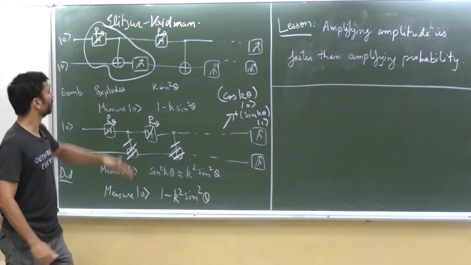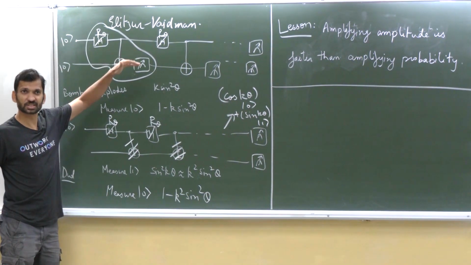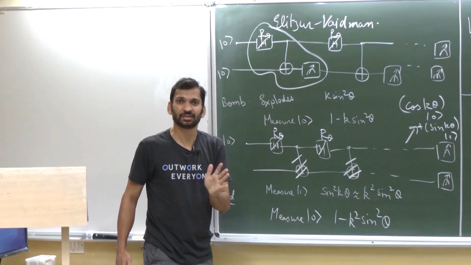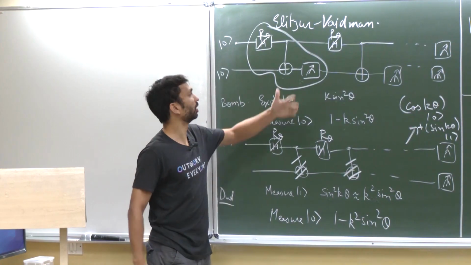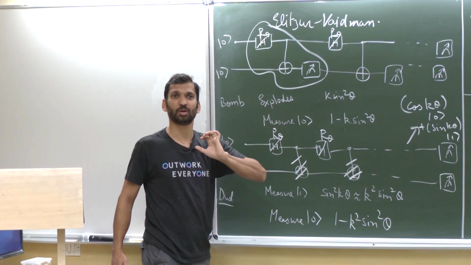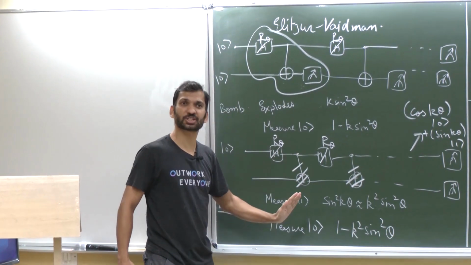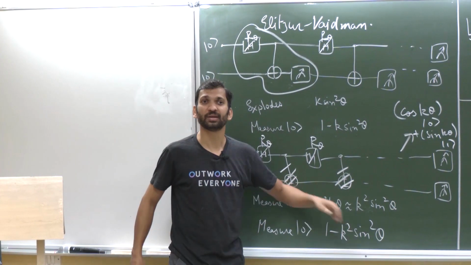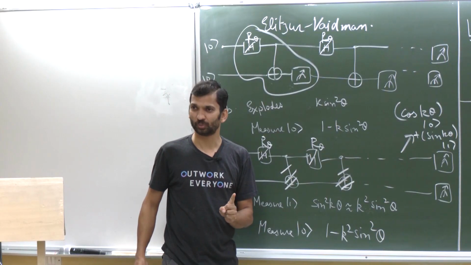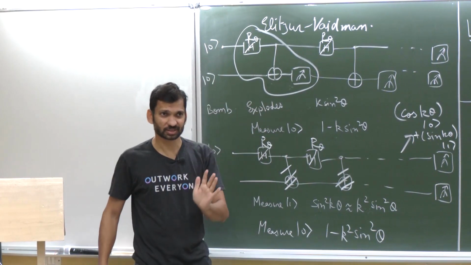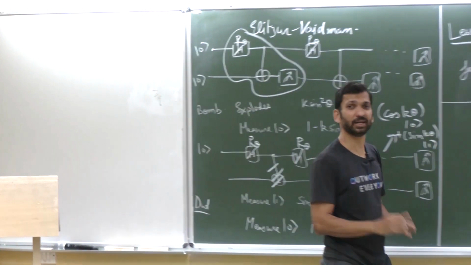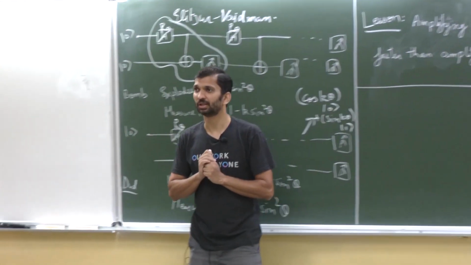Here we were measuring in every step, and the probability of success, or of the bomb exploding, was very, very small. Instead, if we stop the measurement, we keep adding up the amplitude, and we get to 1 very, very quickly. So this idea is clear, because this is the essential idea behind what we are going to do right now.